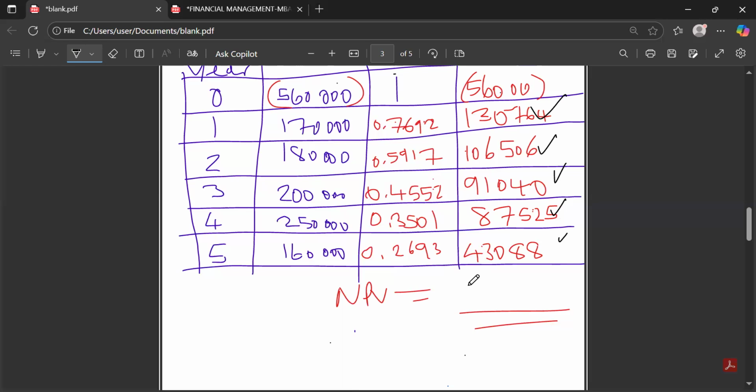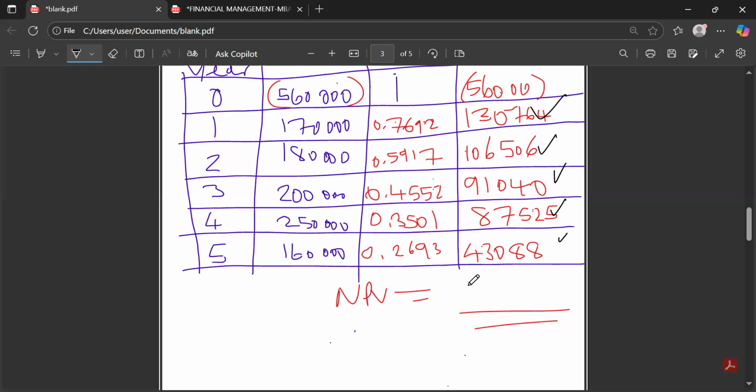I'm finding 192,117. 106,506 plus 91,040 plus 87525 plus 43,088.